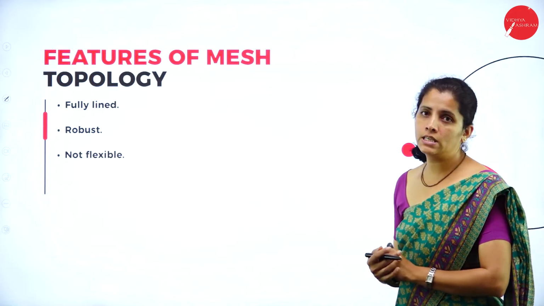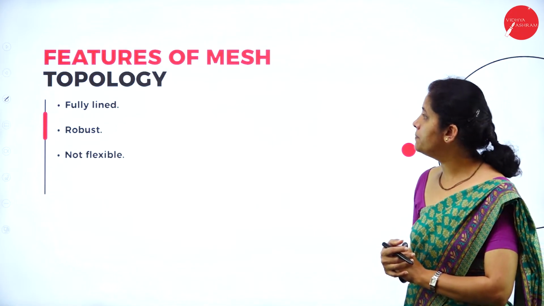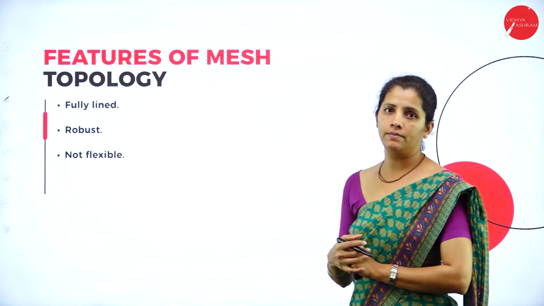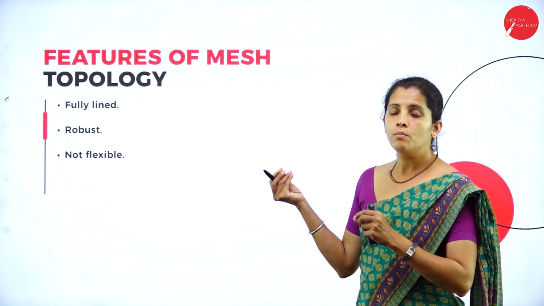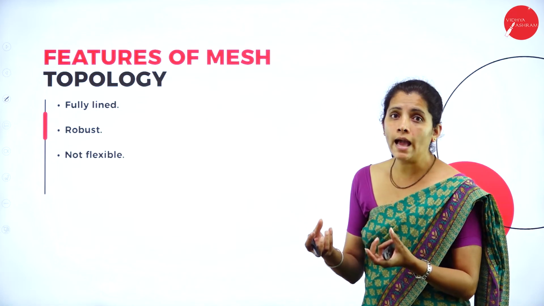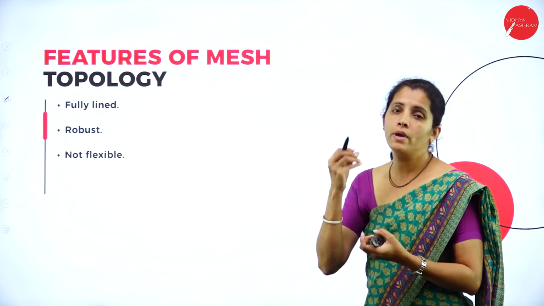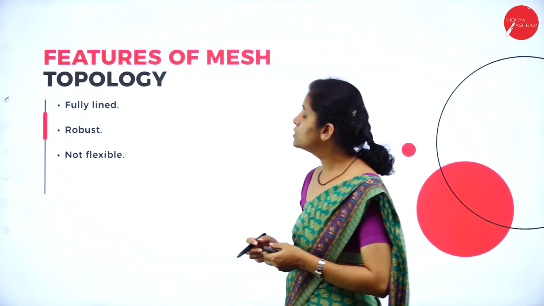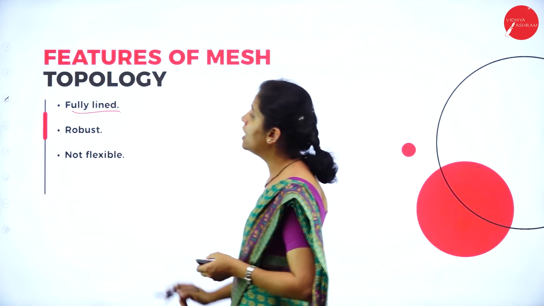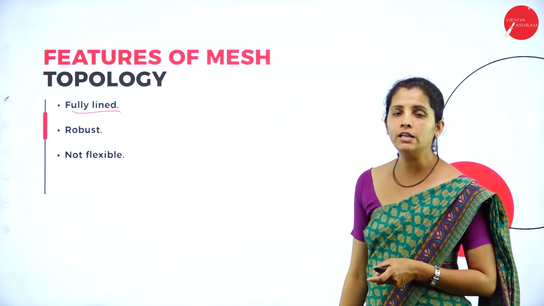Now, let me discuss the features here. It is fully linked. Fully linked in the sense what? We have more than n lines, and I am able to make use of n lines to transmit the data. So, it is fully linked and it is robust. How is it robust?